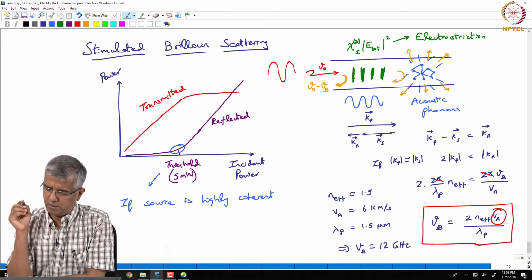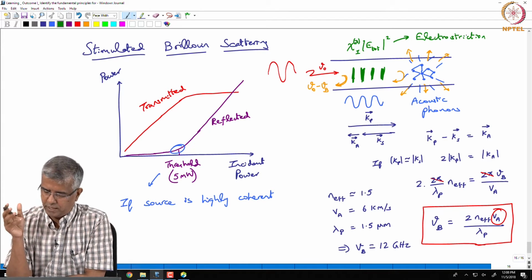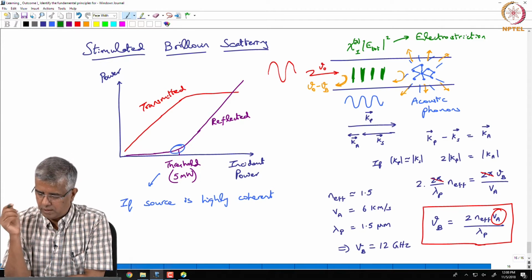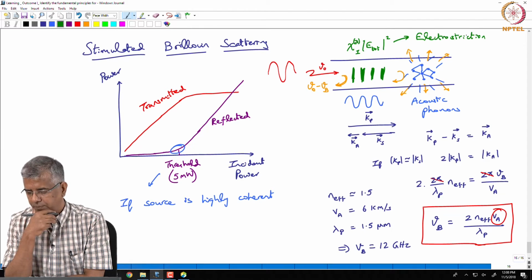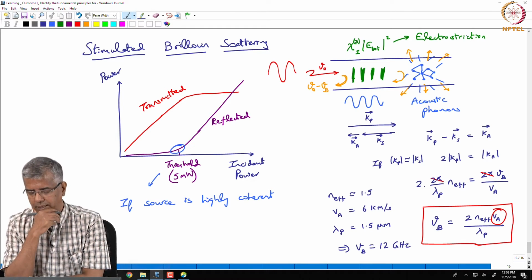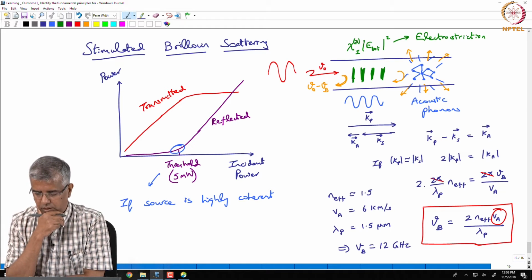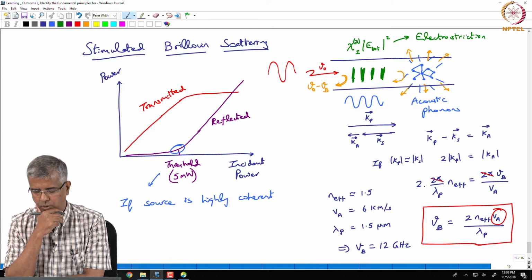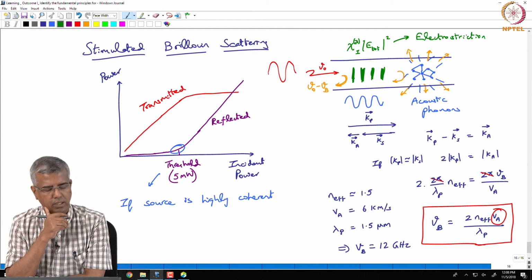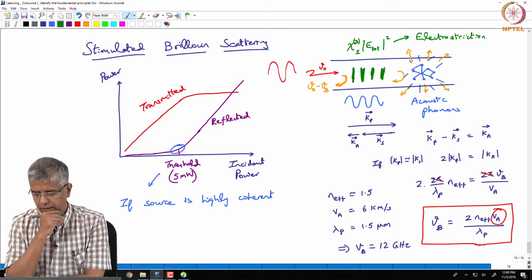So, electrostriction basically says that whenever you apply an electric field across a material, the material responds by changing its density ever so slightly, and that density change can cause a change in the refractive index of the medium, and through that you could have scattering of light.